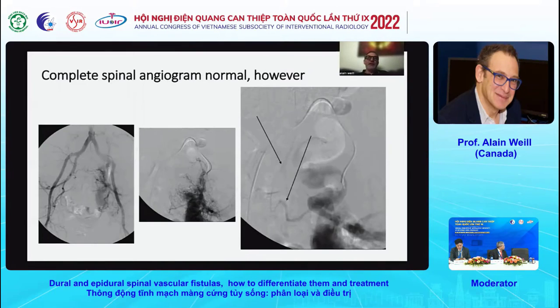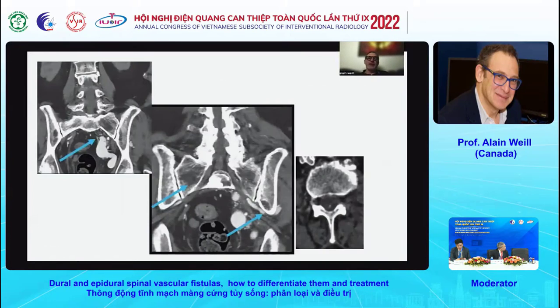So as you can see, a paraspinal fistula, which has nothing to do actually with the spine, could create symptoms and an MRI picture exactly the same as the dural fistula. And here is a CT scan of this lesion where you can see the big vein here, and the blue arrow here is displaced.